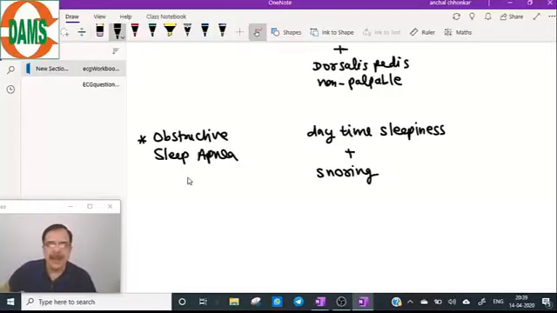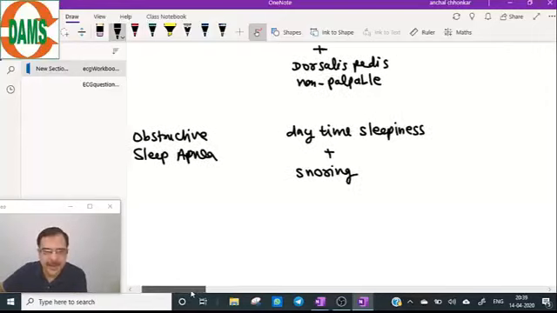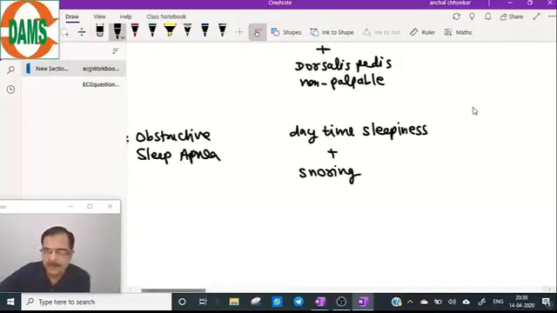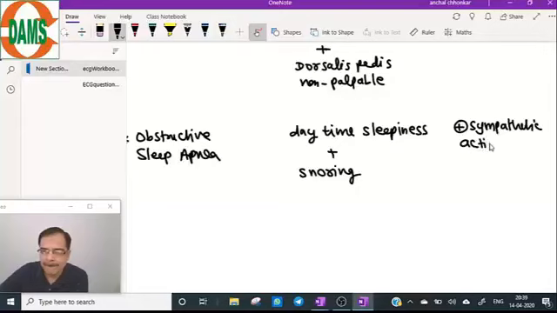Because of the obstructive sleep apnea, the patient has to wake up in the night frequently. Therefore, the patient has daytime sleepiness. Due to frequent waking up in the night for breathing, there is stimulation of sympathetic activity due to repeated nocturnal awakening.